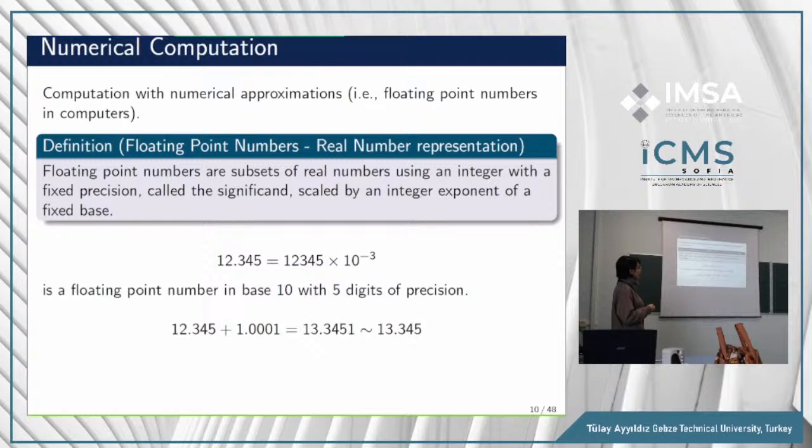So even with this simple computation, your result is not going to be exact. In the computers we have now, the precision is mostly fixed to 16 digits. Sometimes you can extend it, but we still have limited precision. So we need to watch out for these kinds of errors or roundings.